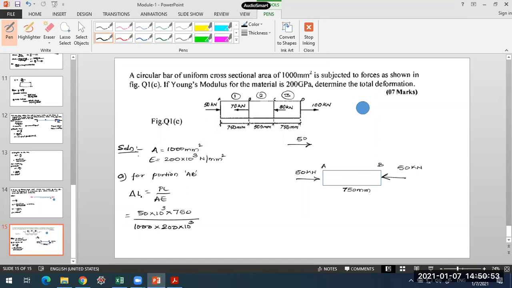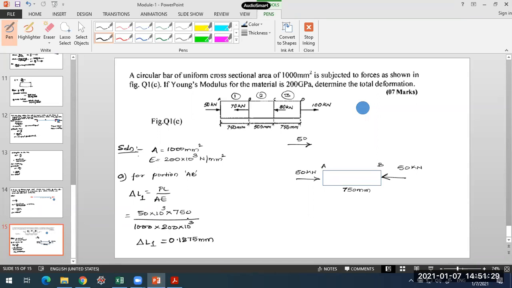So this is our delta L1, the deformation in the first segment. How much does it come out to be? 50 into 10 raised to 3 into 750, divided by 1000 into 200 into 10 raised to 3. That gives 0.1875 mm.